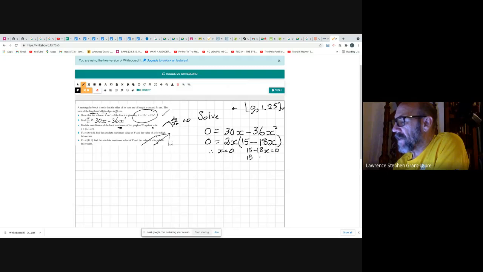So 15 equals 18x, so 15 over 18 equals x. Divide by 3, 5/6 equals x. We want the coordinates, so 0, something and 5/6, something.